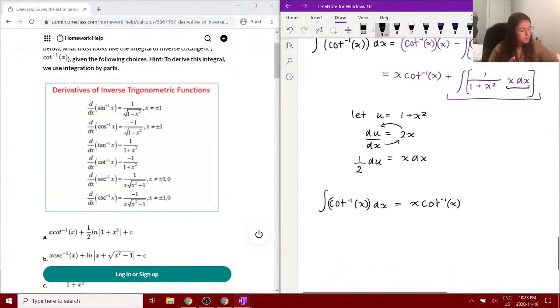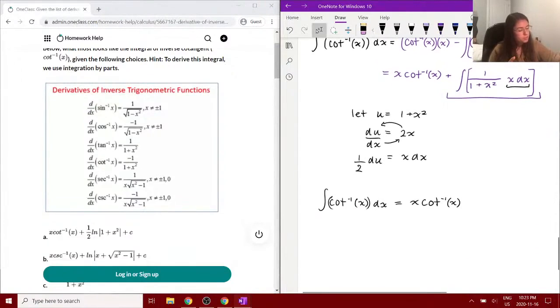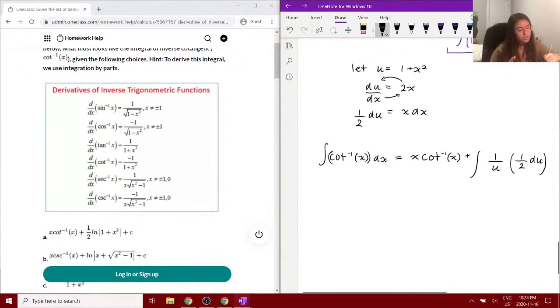There's no integral there anymore. And our second term, we can add the integral of 1 over u now, because remember, we let u equal the denominator. And we have x dx. Now that's turned into 1/2 du. As you can see, it's a lot easier to take the integral of this.